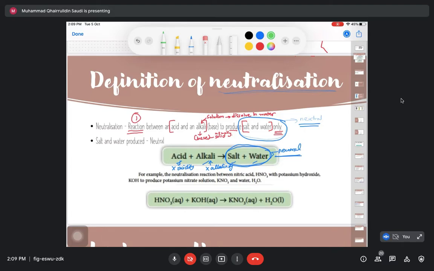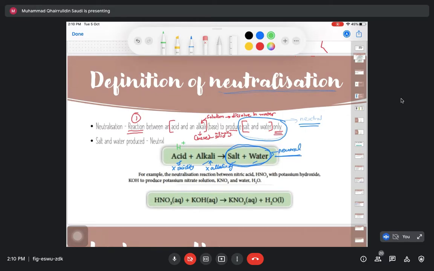Can someone please tell me what is the particle? Hydrogen. Hydrogen? Come again? Hydrogen ion. Good. So hydrogen ion is what makes an acid an acid. If we don't have hydrogen ions, then they won't be called an acid.